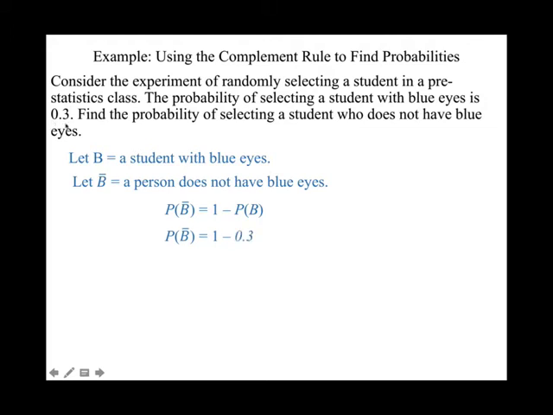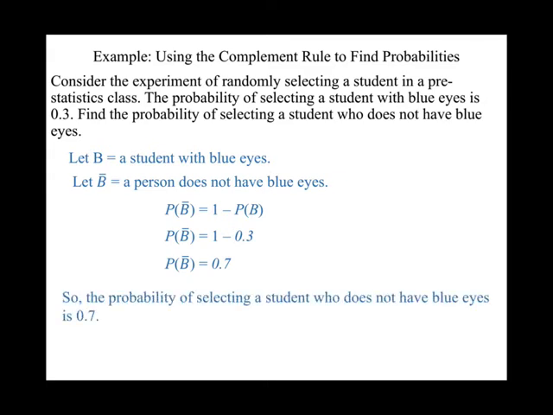So plug it in, and you get 0.7. So the probability of selecting a student who does not have blue eyes is going to be 0.7. So with blue eyes and not with blue eyes, this is going to be the complement. When you add them up, it has to be equal to 1.